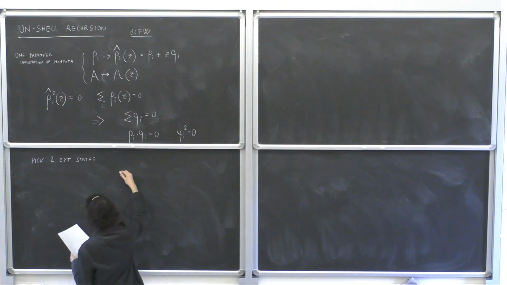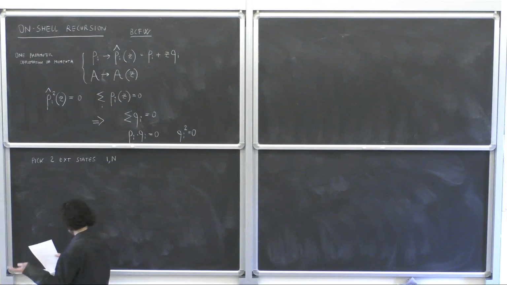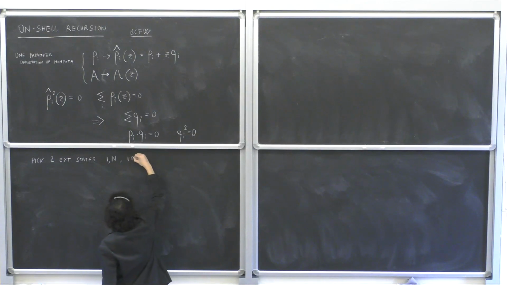So we pick 2 of them, and let's call them, for simplicity, different. I mean, the textbooks sometimes pick 1 and 2, sometimes 1 and n. I just pick the first and the last. And then I use the spinor helicity variables.